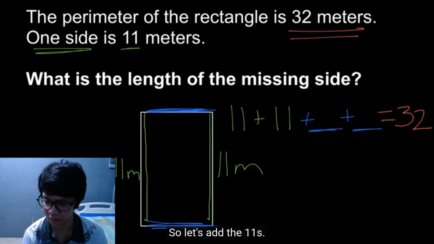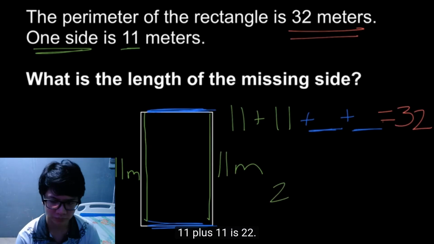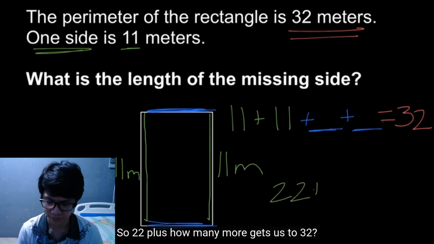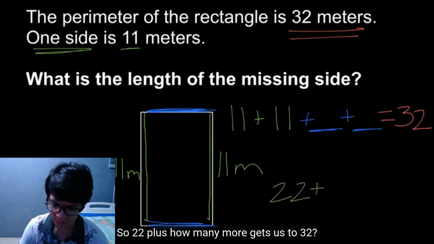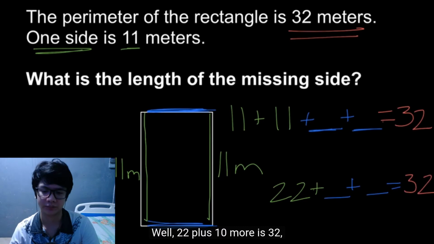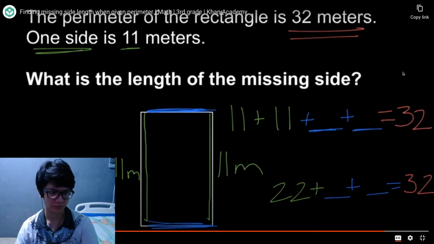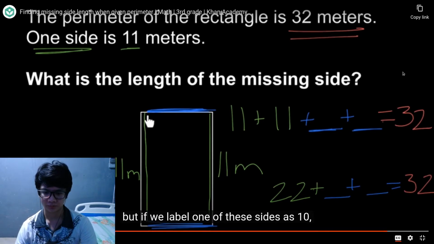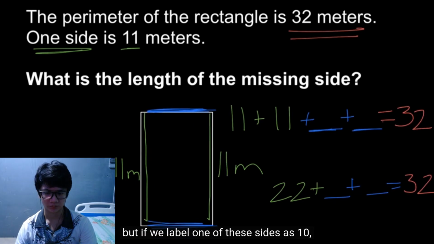So let's add the 11s. 11 plus 11 is 22. So 22 plus 10 more is 32. But if we label one of these sides as 10, then the other one would have to be 0. So they have to be equal.